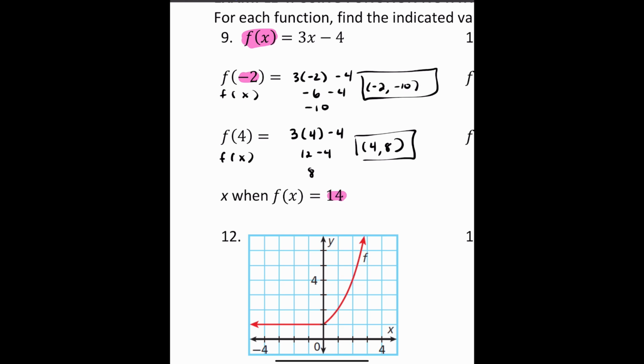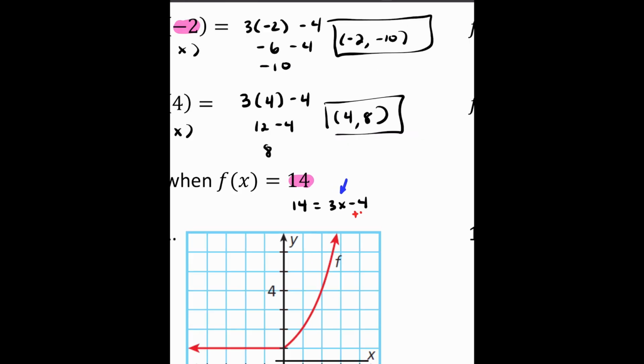So I have 14 equals 3x minus 4. And again, the goal here is to solve for x. So I'm going to have to get 3x by itself. If I add 4 to both sides, I get 18 equals 3x. And then I need to divide both sides by 3. So 18 divided by 3 is 6. And that is going to give you your x value.